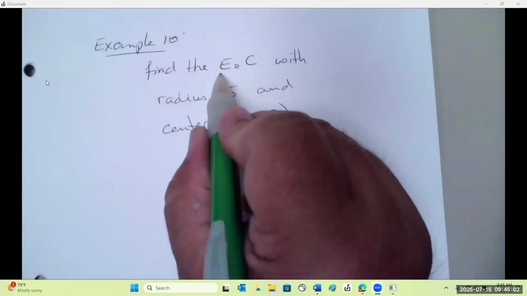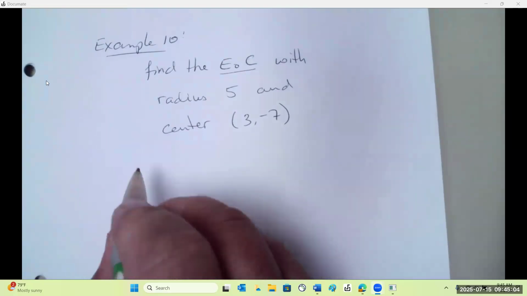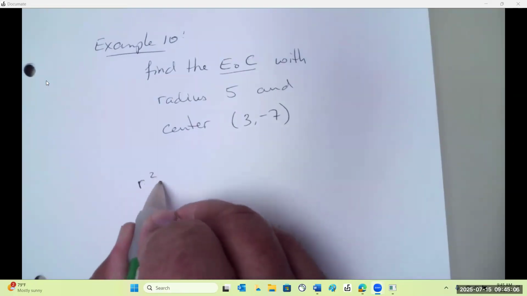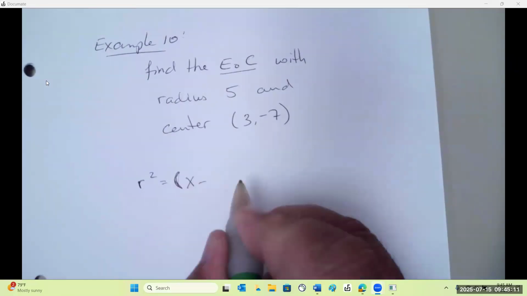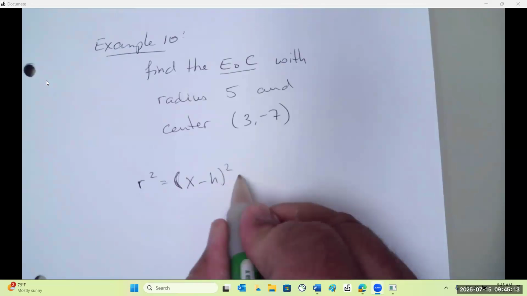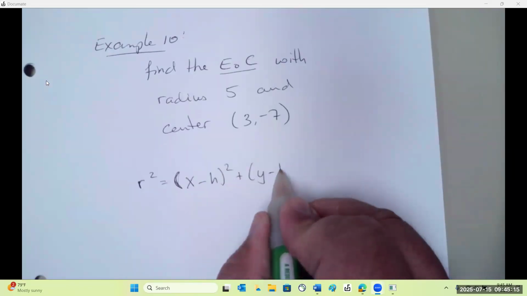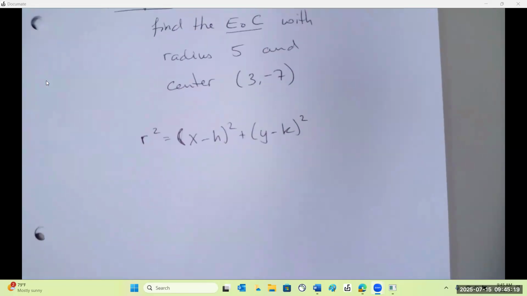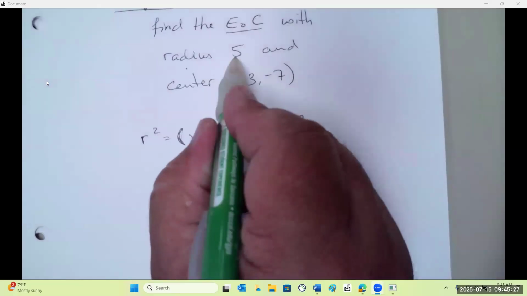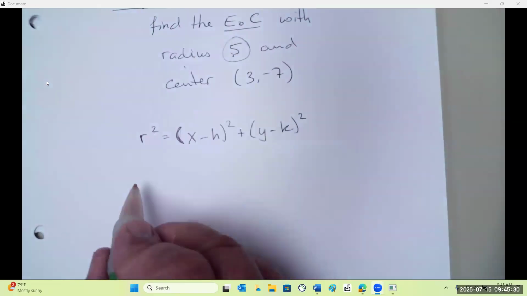Again, we're looking for the equation of a circle. So we start off with our formula: r squared equals x minus h squared plus y minus k squared. Plug and play. Radius is 5, so that goes in place of r.